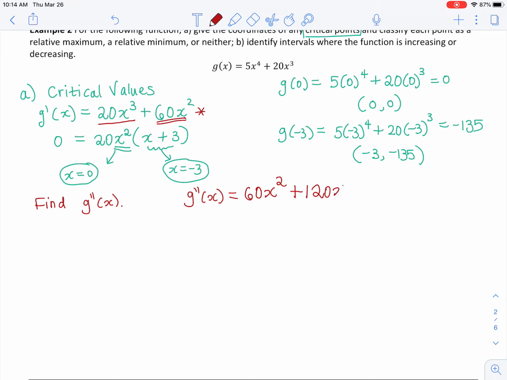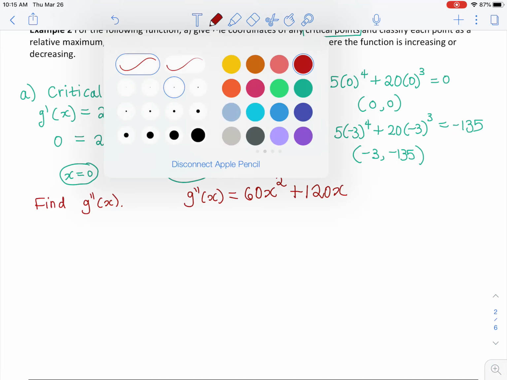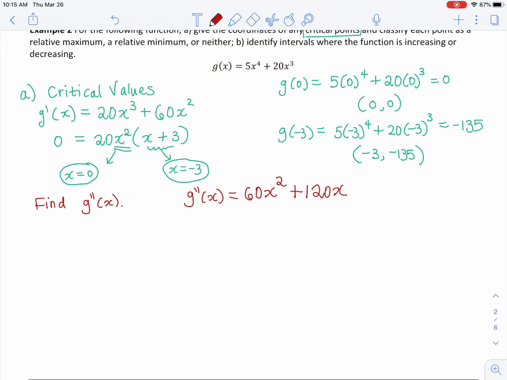That will turn into 120x, right? So we got the second derivative. What we're going to do now is set this equal to 0. No, I'm sorry, not set this equal to 0. I am using the second derivative, so we plug in our critical values in here.